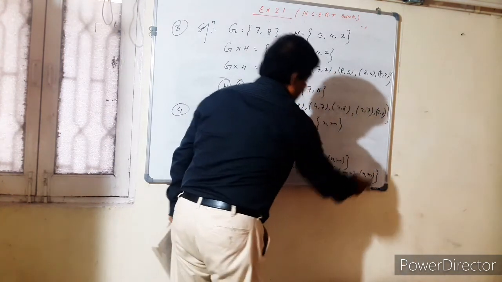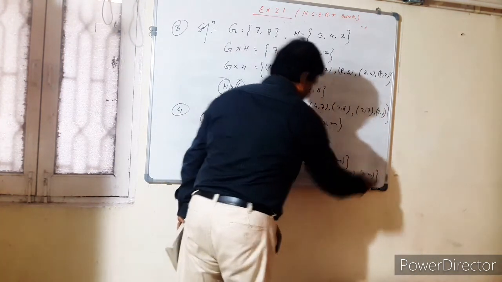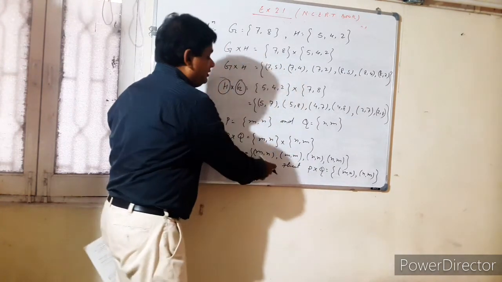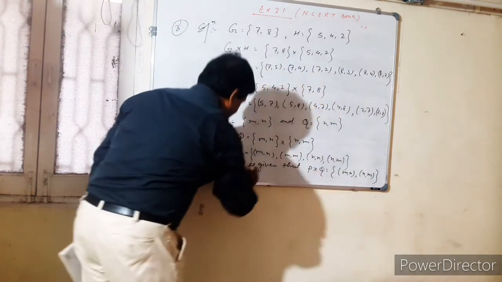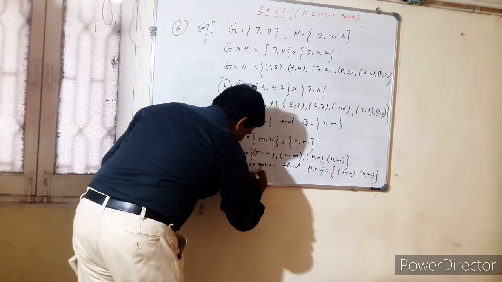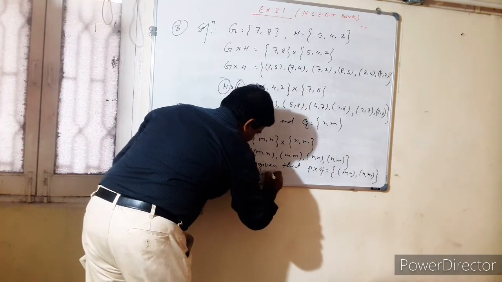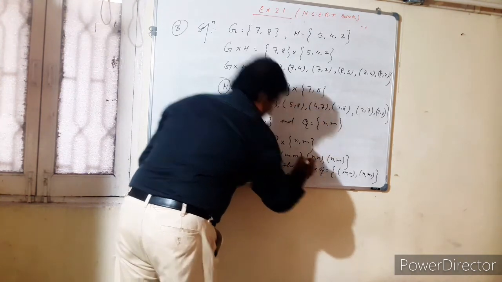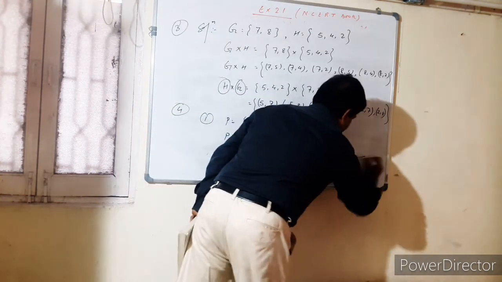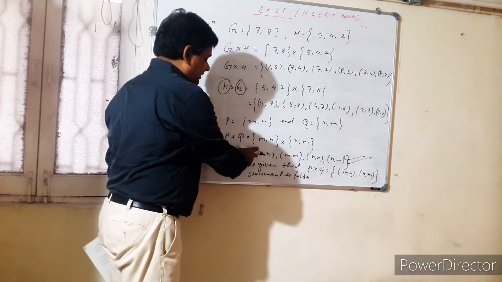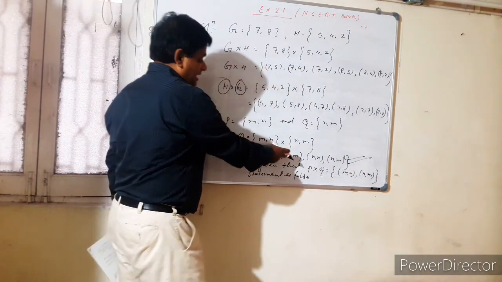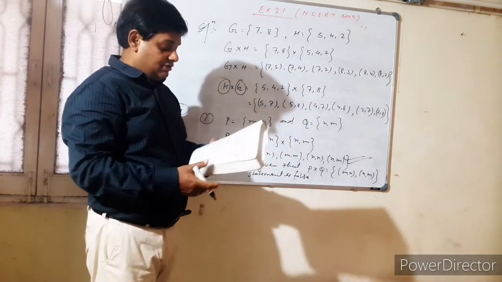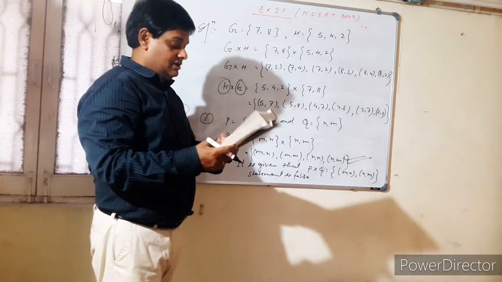Only two elements here, two ordered pair belongs to P cross Q, which is wrong. So statement is false. Statement is false. So correct statement will be Mn, Mm, Nn, Nm. So this way you have to solve the question.